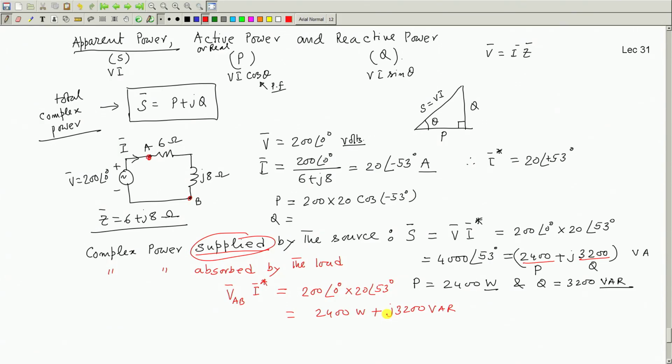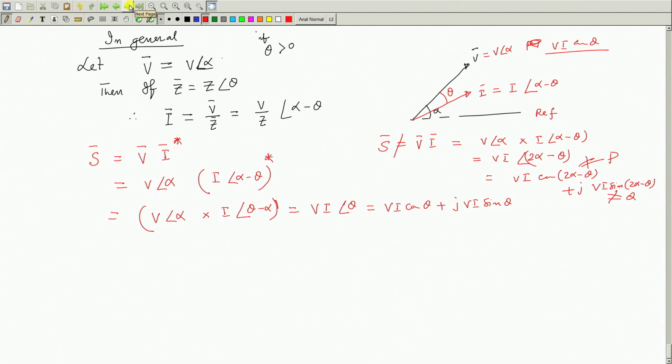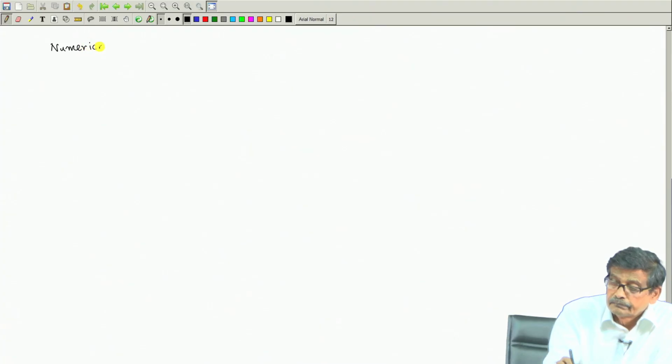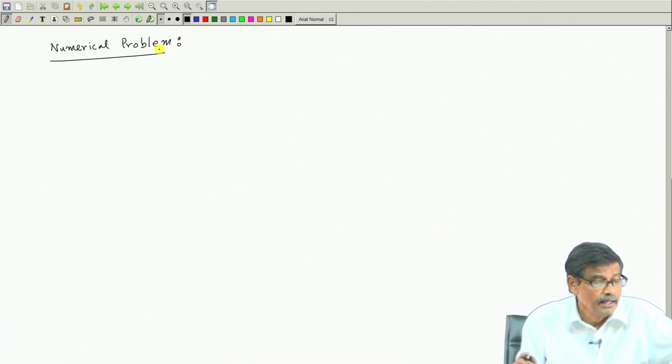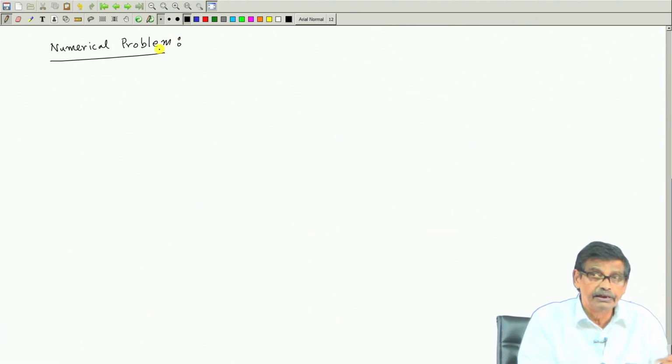So, as I told you, I have solved a problem, and that I will work out here today. A typical numerical problem. This circuit will be like this.